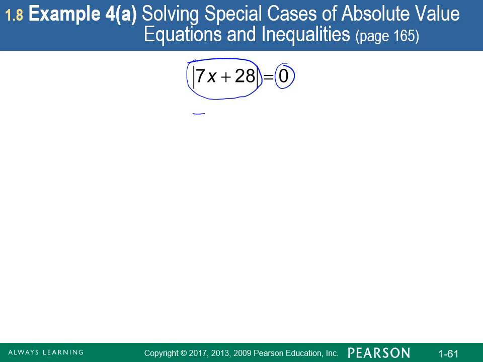In other words, we can take 7x plus 28 equals 0 and solve that and not have to do the second one. That's 7x equals -28, or x equals -28 divided by 7. And so this one has only one solution.